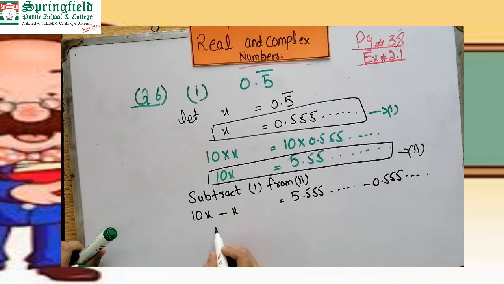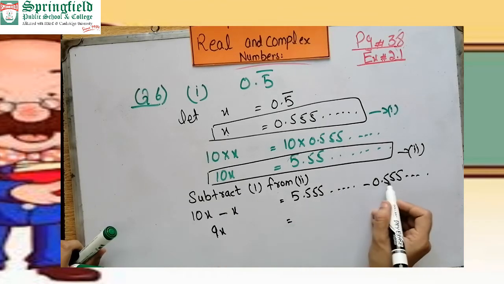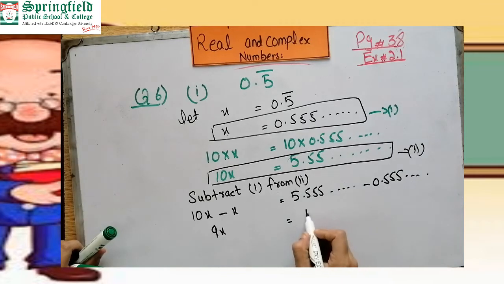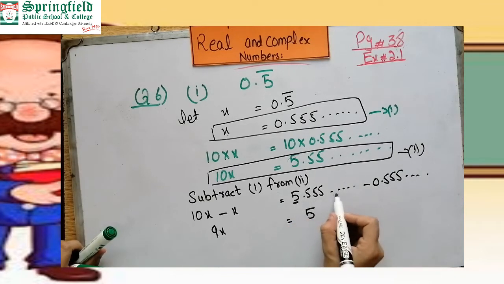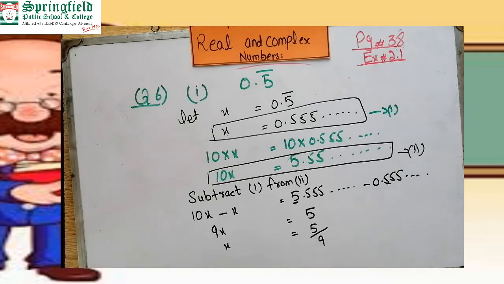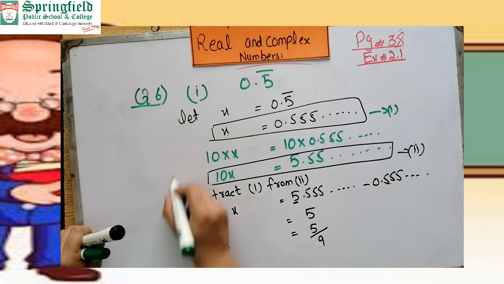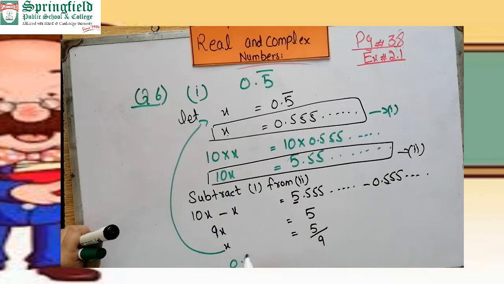So 10x minus x is 9x, and when we subtract 0.555, we have just 5, since the decimal part is removed. So 9x equals 5, and 9 divides on the other side. So x is equal to 5 by 9, and we know that x is 0.5 bar. So the fraction form of 0.5 bar is 5 by 9. This is your answer.